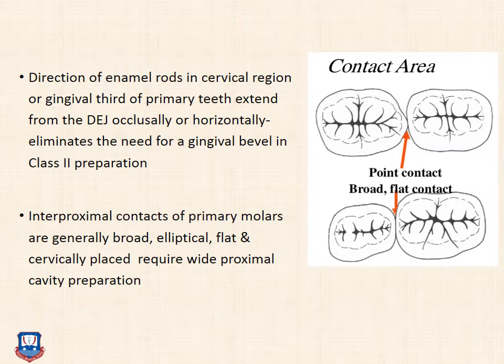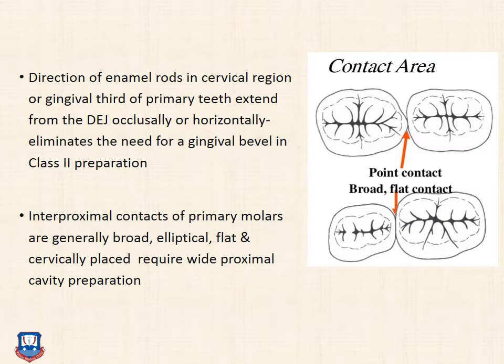As I have told before, the direction of the enamel rods, we will not be discussing again. The interproximal contacts of the primary molars are generally broad, which is actually a contact area, while what we see in the permanent teeth is the contact point.